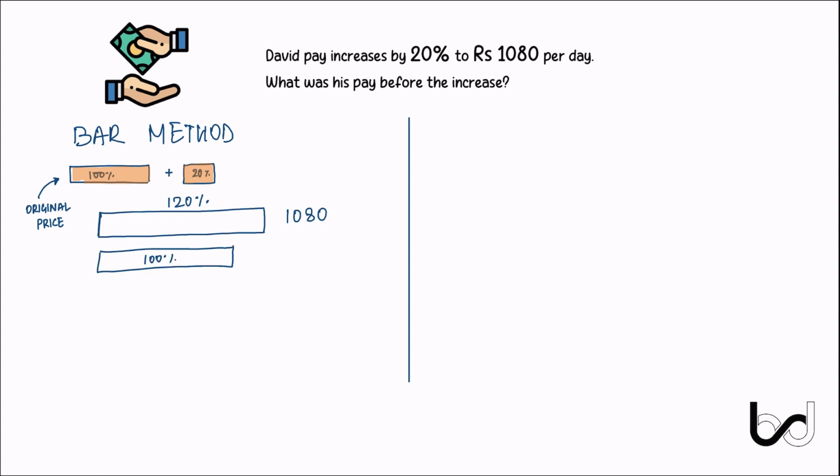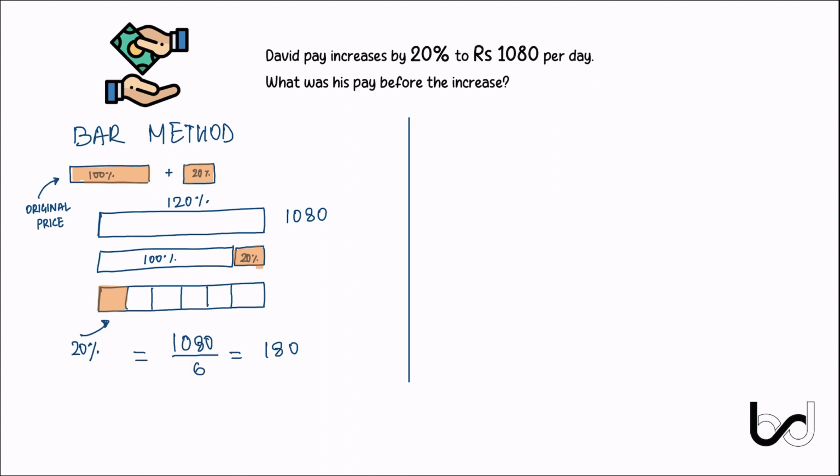You had 100 and an extra 20. So if I break this down in multiples of 20, how do I get 20% from 120%? Because 120% is 1080, I need to calculate the price of 20%. So I divide it by 6, which gives me 180 rupees. So 20% is 180 rupees. I need to know 100%, so I multiply this by 5. So 100% is rupees 900.